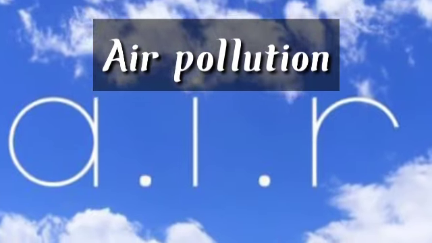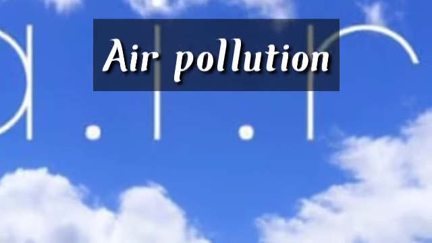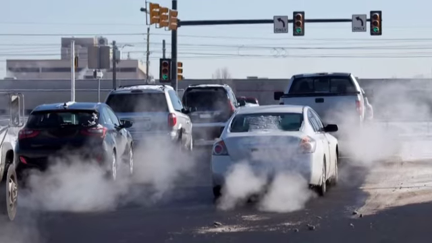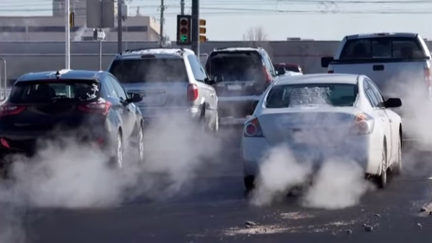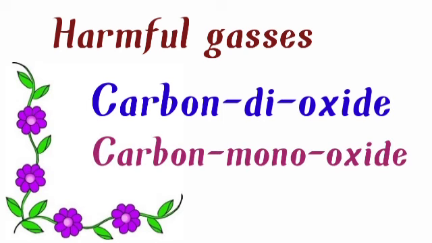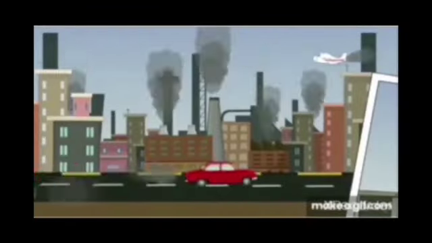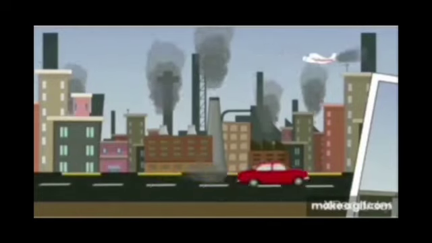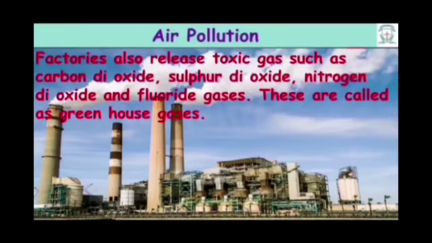We learnt that air pollution is caused because of the following reasons: due to increase in the number of automobiles, air pollution has become a major issue these days, as the fumes released consist of many harmful gases such as carbon dioxide, carbon monoxide, etc. Besides this, factories also release toxic gas such as carbon dioxide, sulfur dioxide, nitrogen dioxide, and fluoride gases.